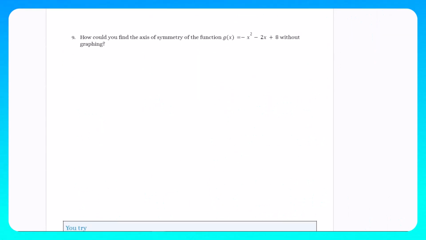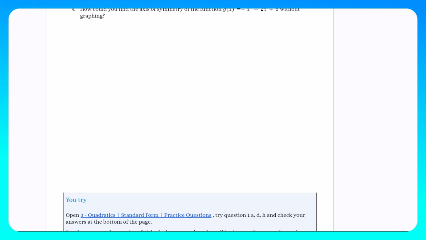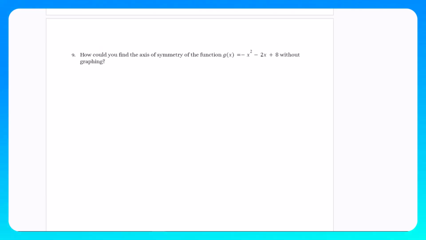So heading on back down, because it's in standard form, we're going to use x equals negative b over 2a. And I noticed in my completed notes that I have made a mistake. So if you're seeing those as you're looking at this, I will get that fixed at one point. So x equals negative b over 2a.